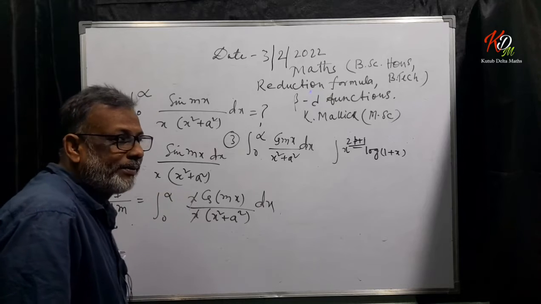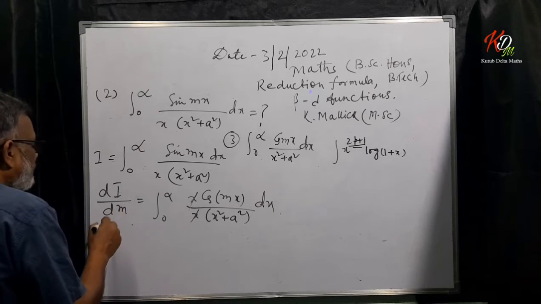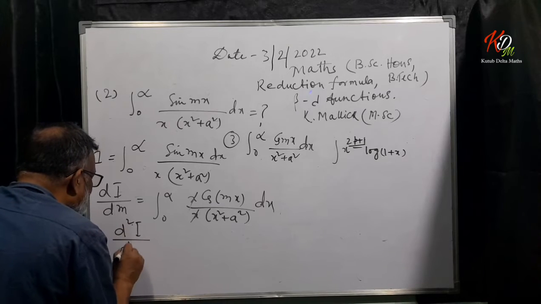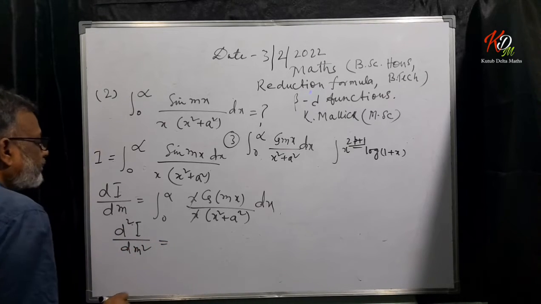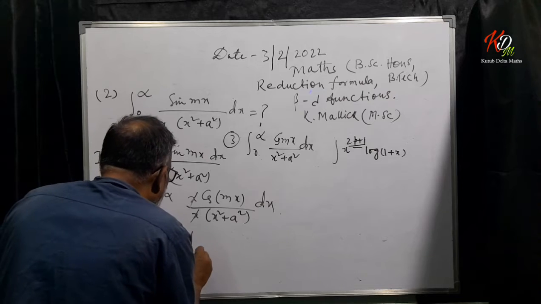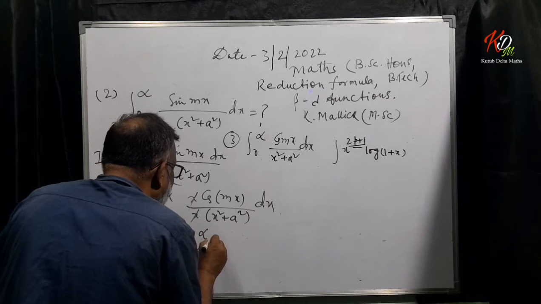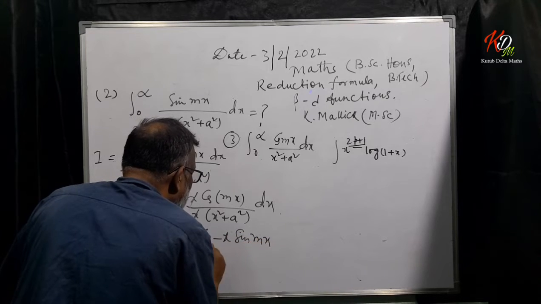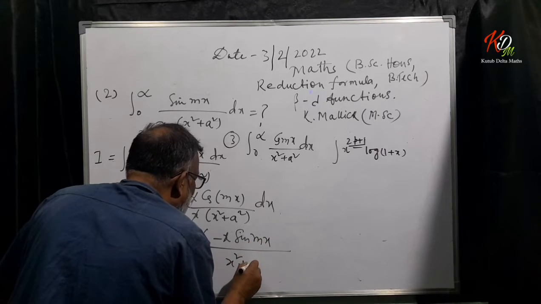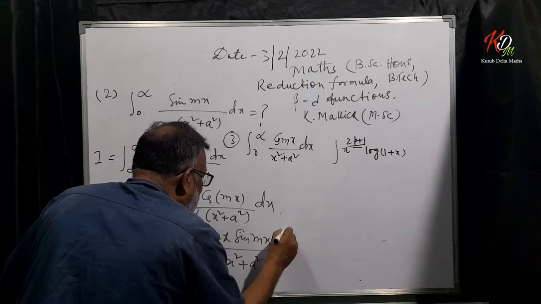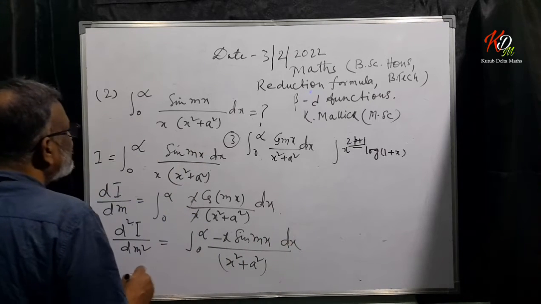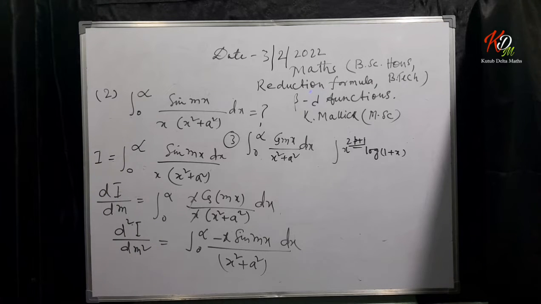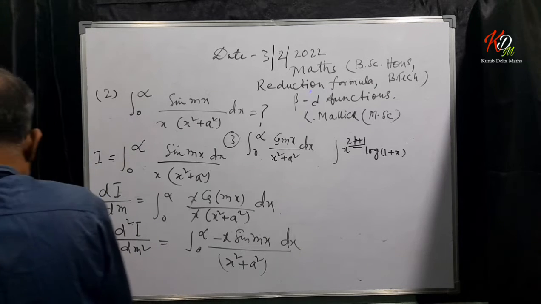Second time derivative, differentiating twice with respect to m, we have 0 to infinite minus x sin mx by x square plus a square dx.